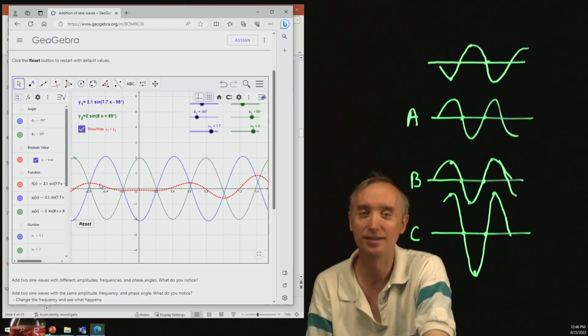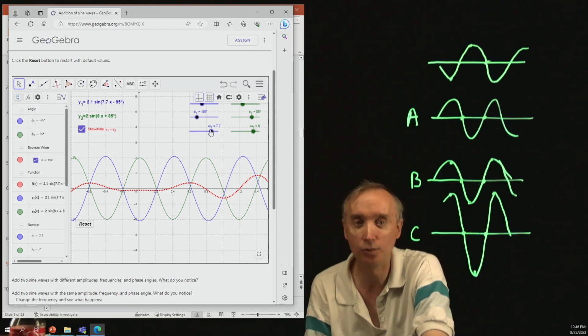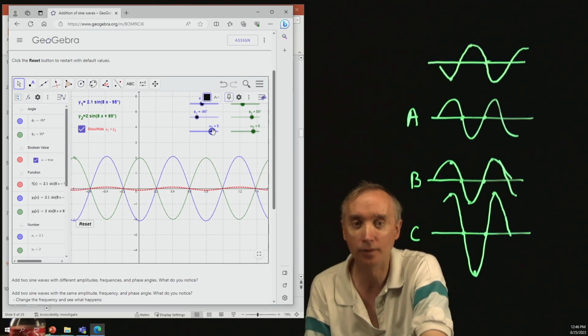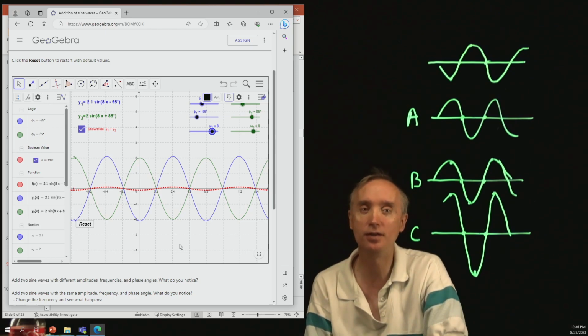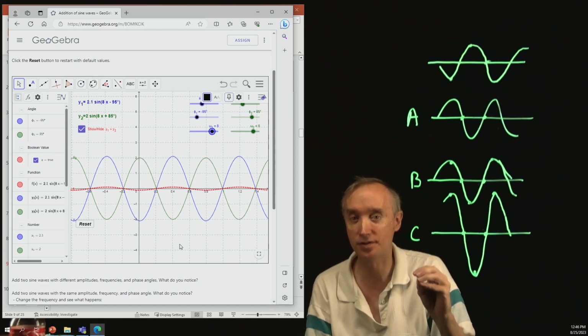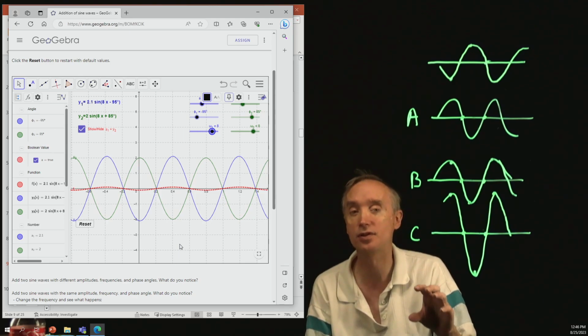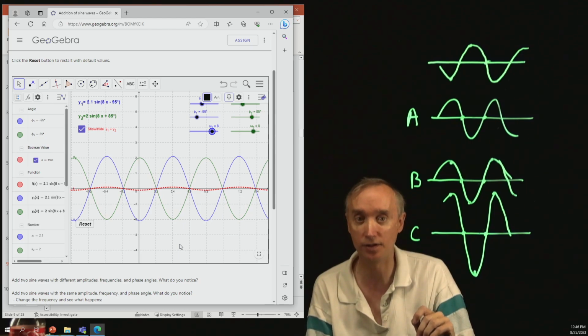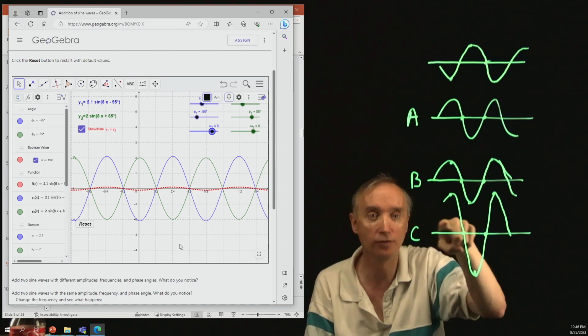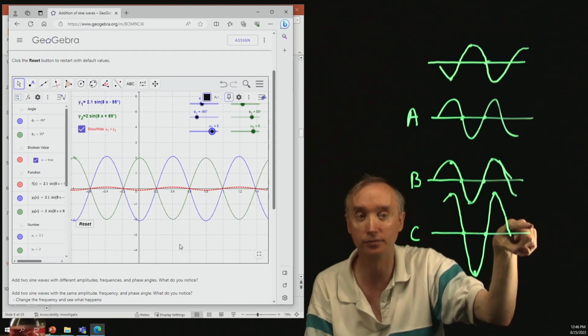All right, well, this one didn't work out the way I wanted it to, so let me tweak it. That's better. So if you had exactly the same frequency and exactly the same wavelength and exactly the same amplitude, and then you adjust it so that they are out of phase with each other, 180 degrees out of phase, then you should get a perfect red line there.